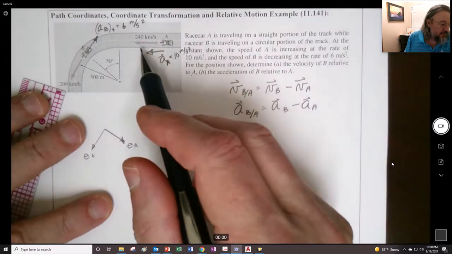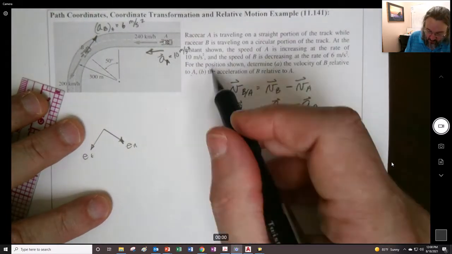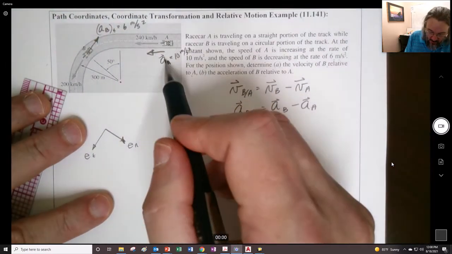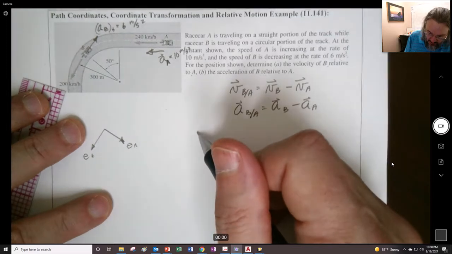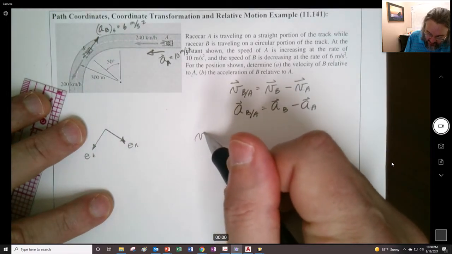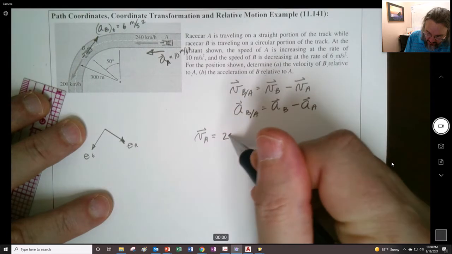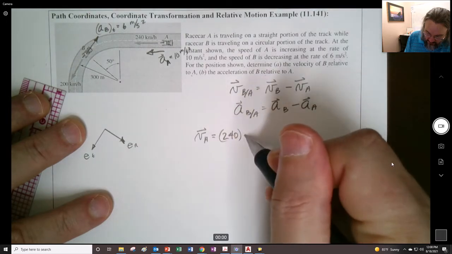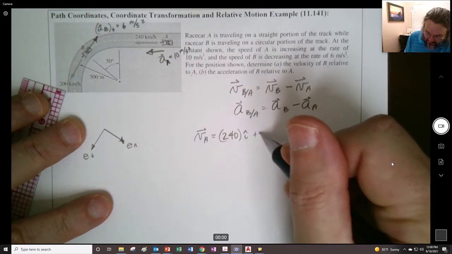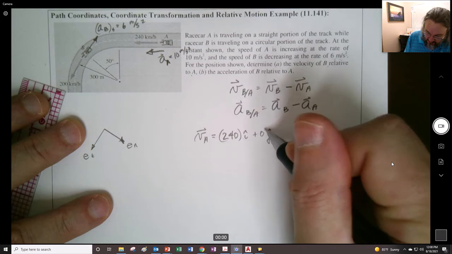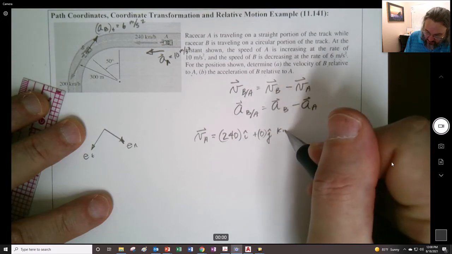So maybe I'll go ahead and write out what these vectors that we know are. We were given them in here. So the velocity vector of A is going to be equal to 240 i plus 0 j kilometers per hour.